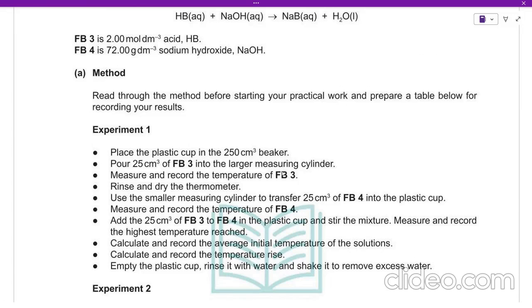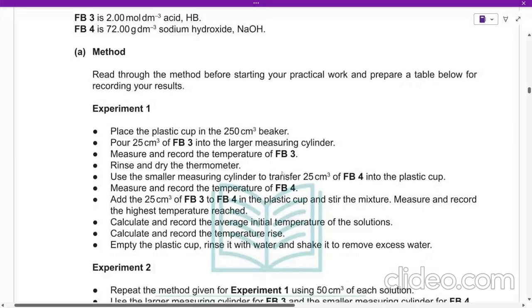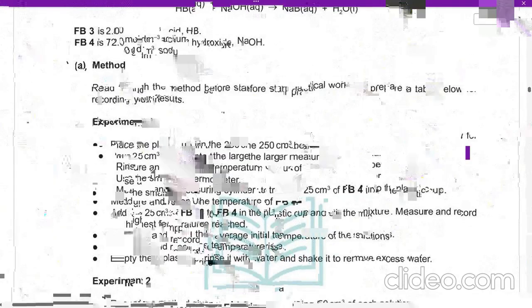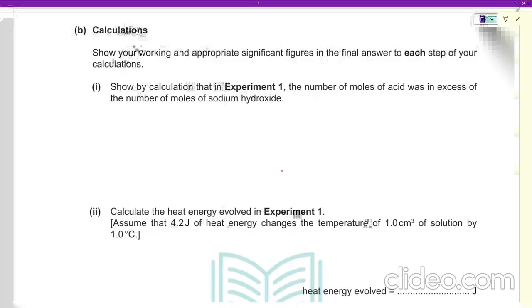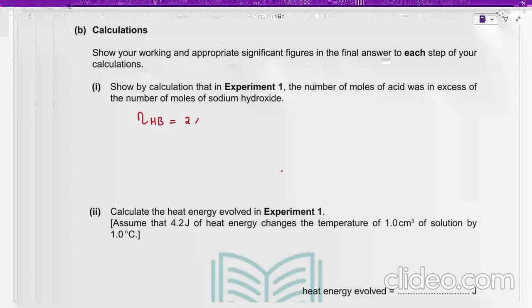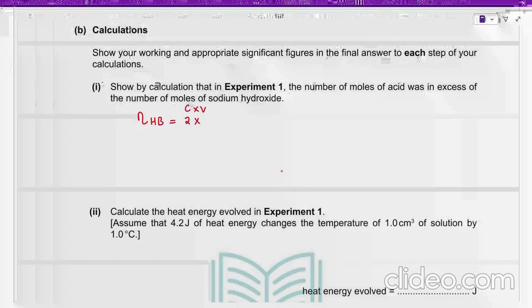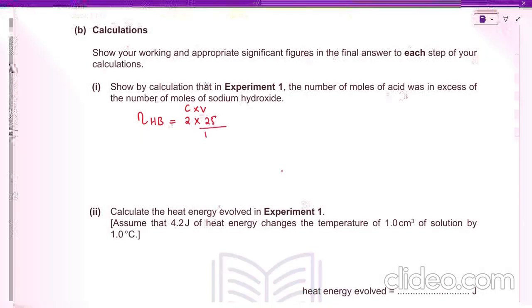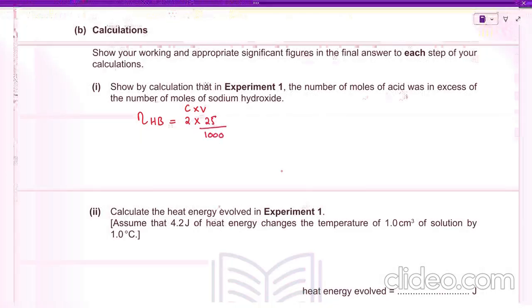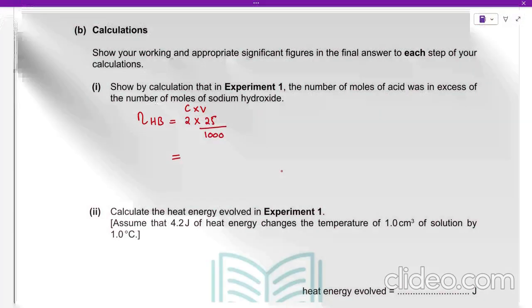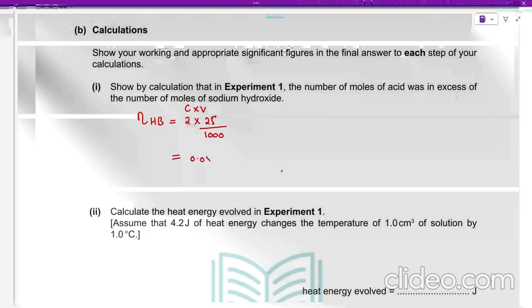And the NaOH was 72 g per dm cube, and we were using 25 cm cube of that as well. First of all, we are going to find the moles of HB, which is concentration times volume. 2 times 25, but 25 is divided by 1000 because we are converting it into dm cube. So 25 divided by 1000 times 2 will be 0.05. These are the moles of acid.